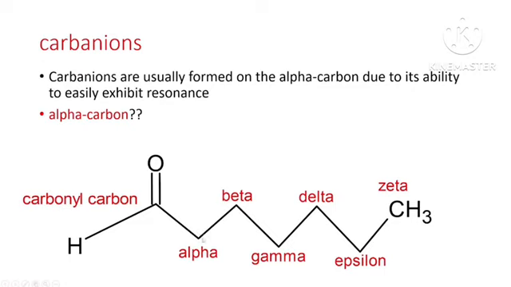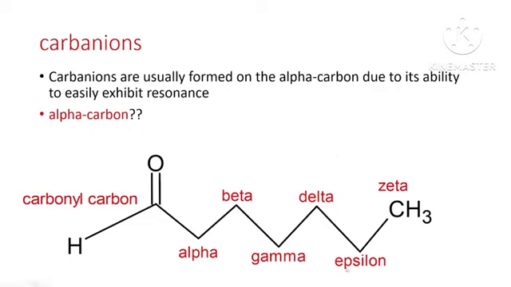All right, then the subsequent carbons that are attached to the alpha carbon are called beta carbons, like this one. And then the one following it is called the gamma, followed by the delta, followed by the epsilon, and then zeta. It continues like that. There are several ones, but for the purpose of this video, and for that matter carbanions, we would limit ourselves to this number of carbons.